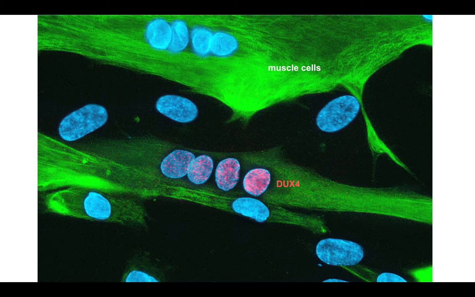You can see on this slide that there are multiple nuclei, but not all of them express DUX4. And there are certain cases, randomly in certain nuclei, where DUX4 is being expressed. And turning on DUX4 seems to turn on this whole slew of proteins that lead on to a program that causes the cell to become sick and to die.